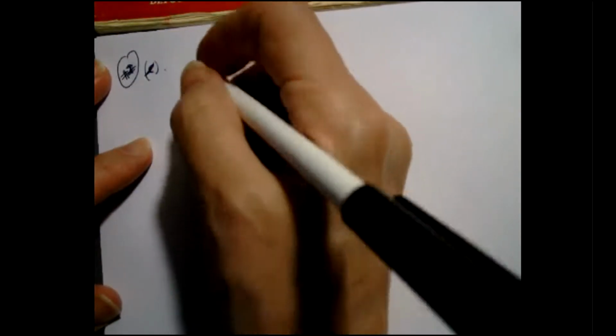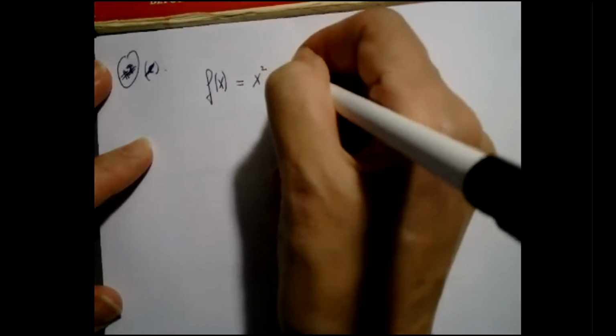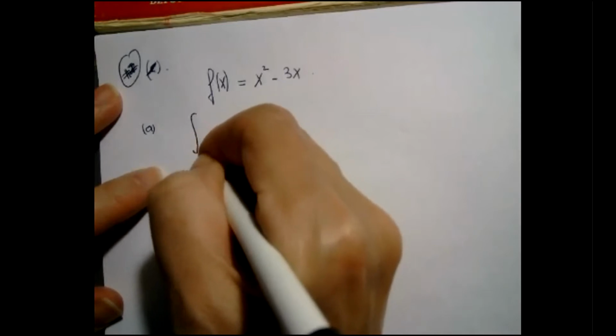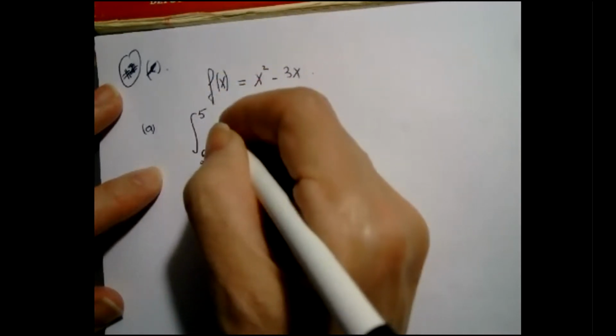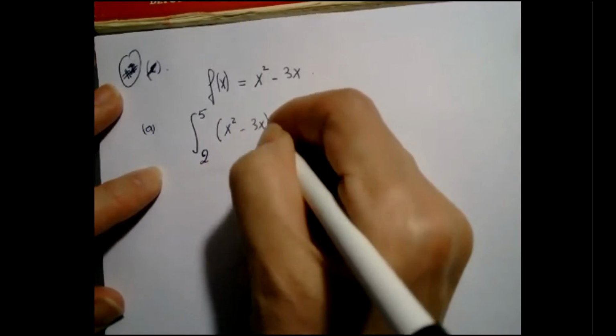So we have the following function, f of x equal x squared minus 3x. Okay. And my first question is, we have to estimate the integral from 2 to 5 of x squared minus 3x dx.